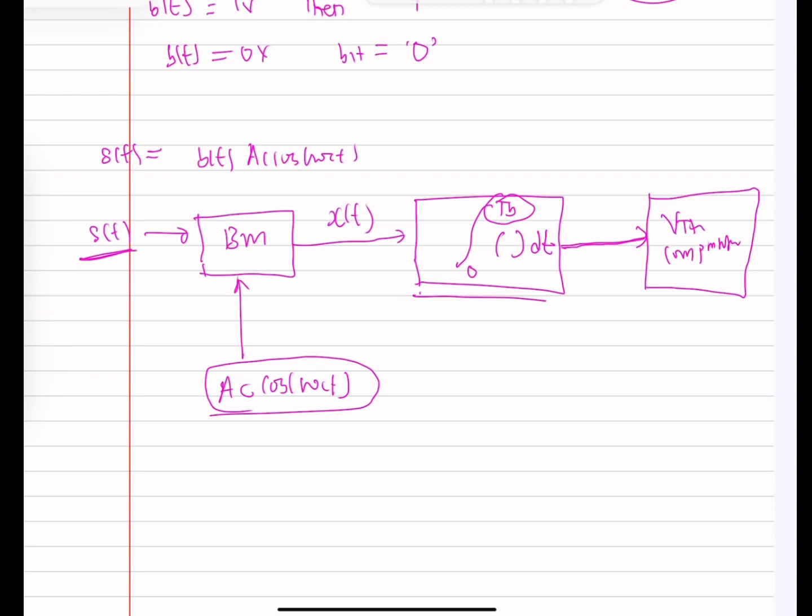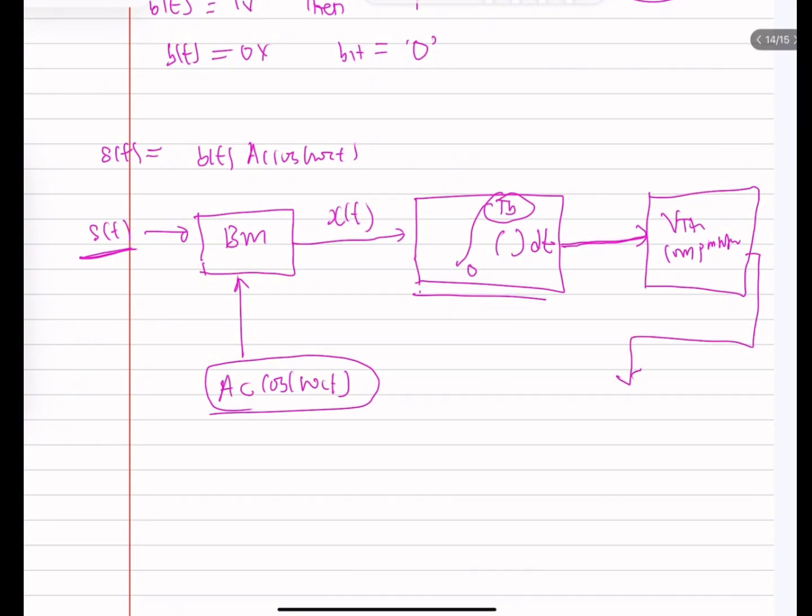So this is our threshold, and the output of the threshold, let's say y of TB: if y of TB is greater than or equal to V threshold, it means that the data which has been demodulated is binary 1.